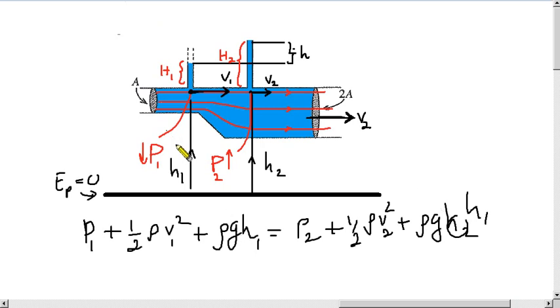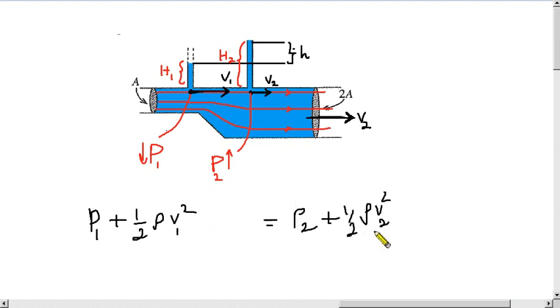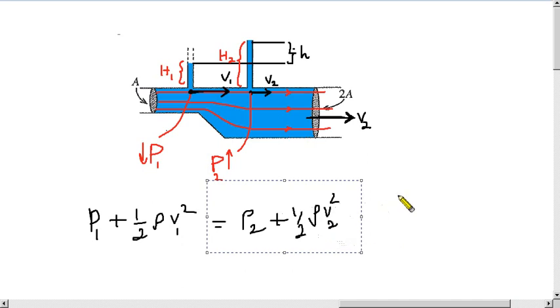Therefore for horizontal streamlines we don't use this rho gh term, this term cancels like that. Therefore only these 4 terms we get to simplify. So now I think you can understand that.